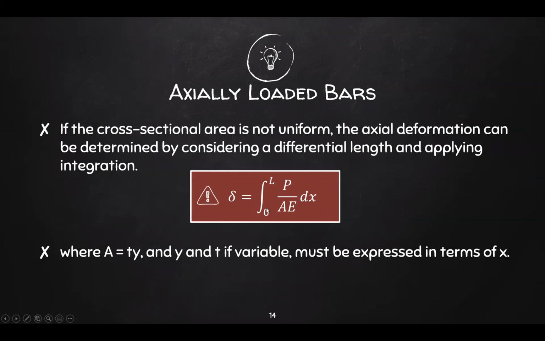Instead of PL over AE, we use P dx over AE, integrated from 0 to total length L, where A is T times Y, T being the thickness of your element and Y its height, giving the area of a rectangle. Y and T, if variable, must be expressed in terms of x.